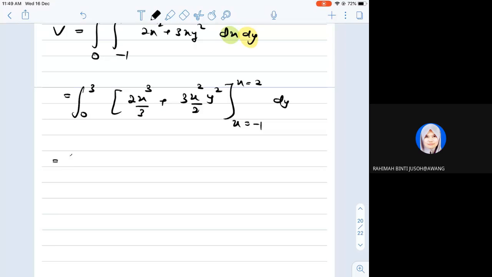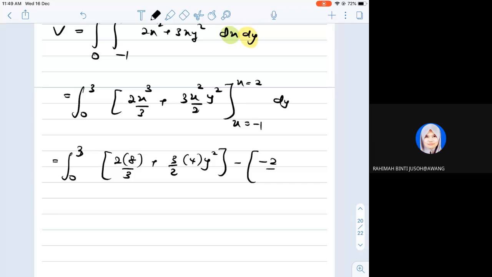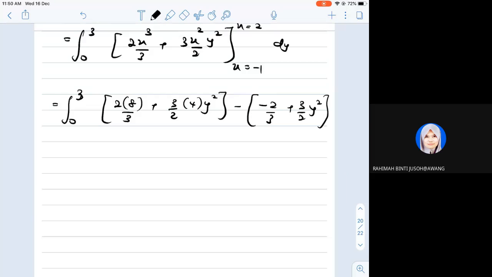So we will have 0 until 3, 2 times 2 kuasa 3, so 8 over 3, plus 3 over 2 times 4 times y squared, minus -2 over 3 plus 3 over 2 y squared dy.